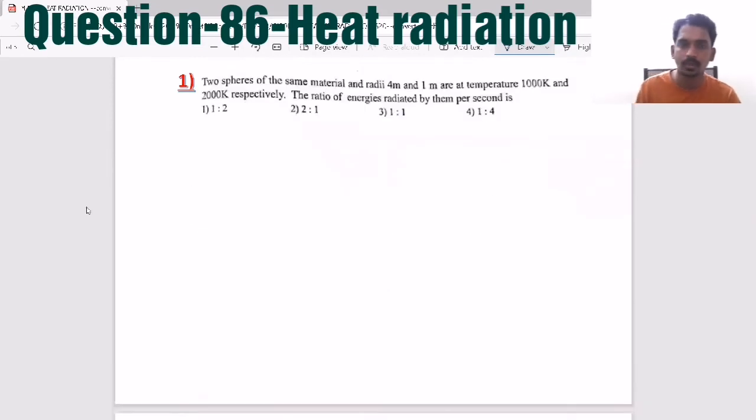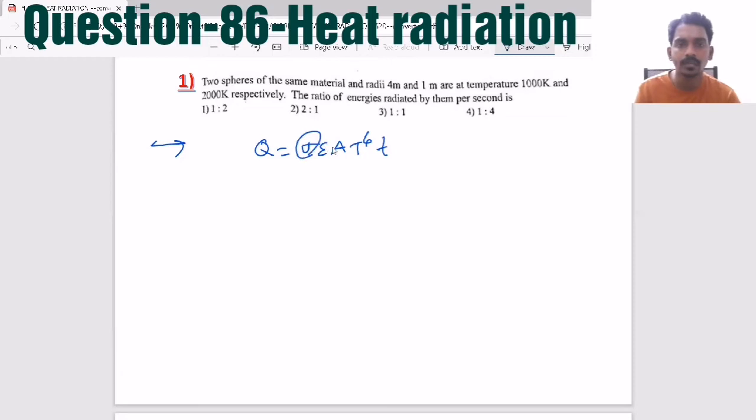And here are our example questions. The first question: two spheres of the same material and radii 4 meter and 1 meter are at temperatures 1000 Kelvin and 2000 Kelvin respectively. Find the ratio of energies radiated by them per second. So the radiation formula is sigma epsilon A T power 4 into t. They did not mention surrounding temperature.